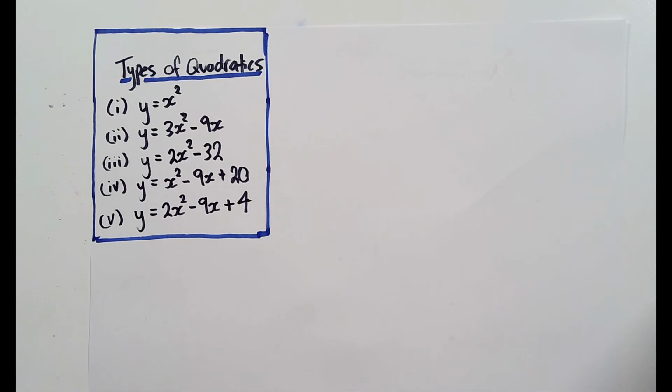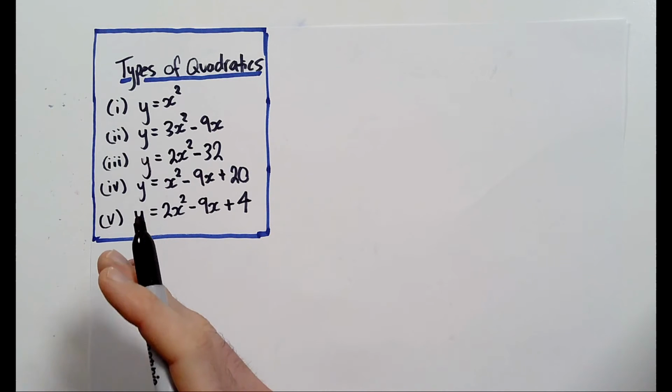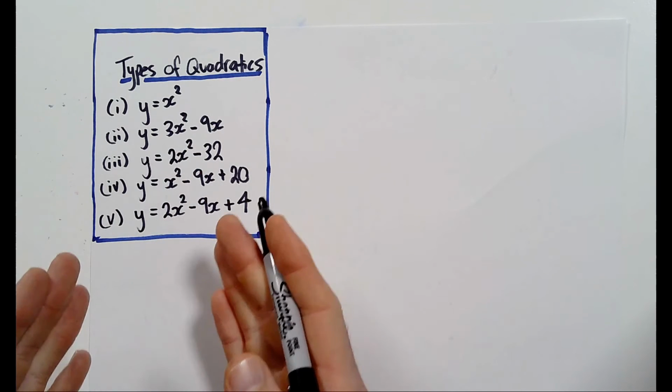Today I'm going to be taking you through 5 different types of quadratics that you may be faced with and that you may be required to factorize and eventually solve in order to find the x-intercepts on the particular graph that you're dealing with.